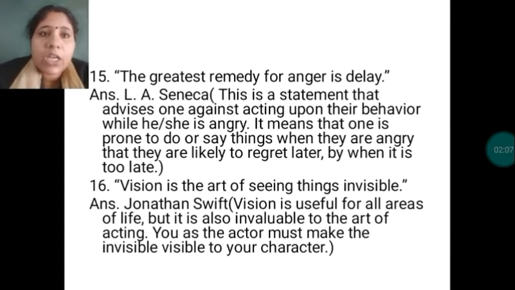It means that one is prone to do or say things when they are angry that they are likely to regret later. So whenever you are angry, don't take any wrong decision. Understood? So keep calm for some time, think upon it, understood, and take a decision immediately before it becomes too late.